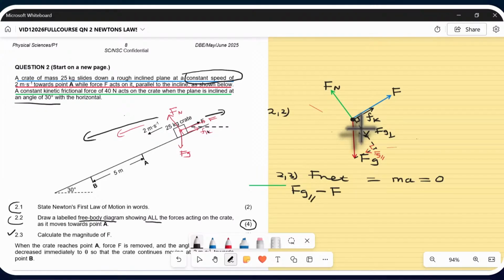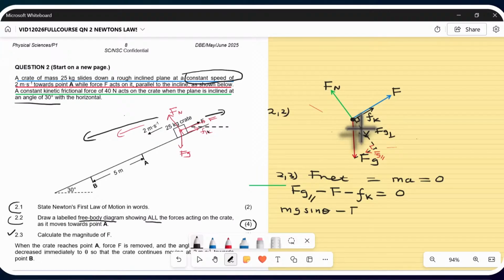Now, how do you find the FG parallel? It's given by mg sine theta. We're looking for this force F. Now, they gave us frictional force as 40 here. So, minus 40 equals 0.